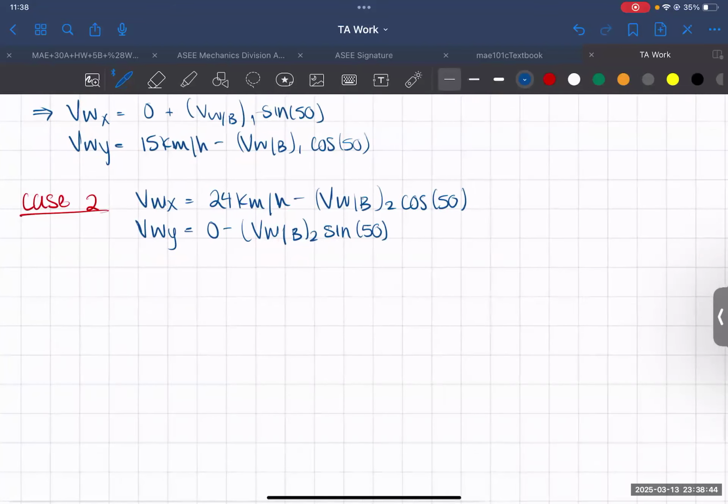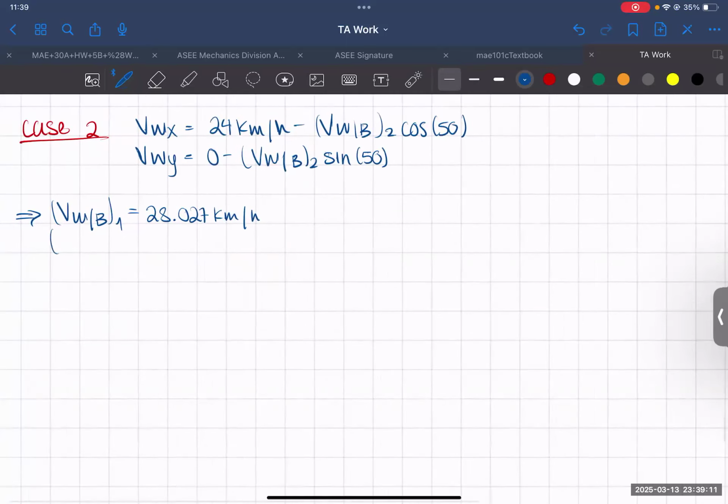So we will get velocity of wind with respect to the boat, case 1, will equal 28.027 kilometers per hour.